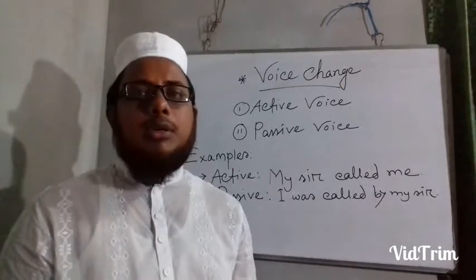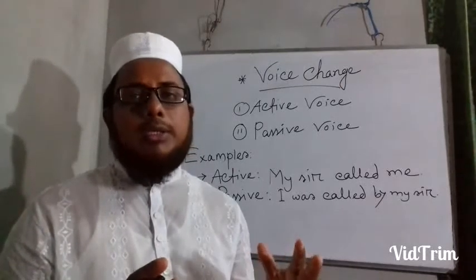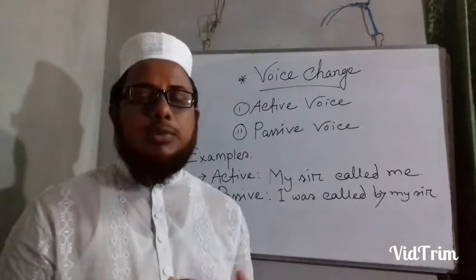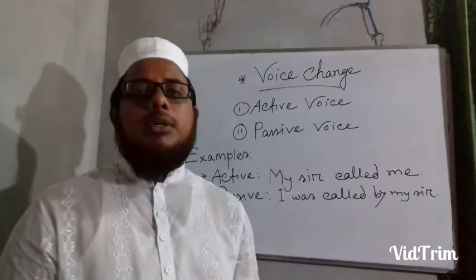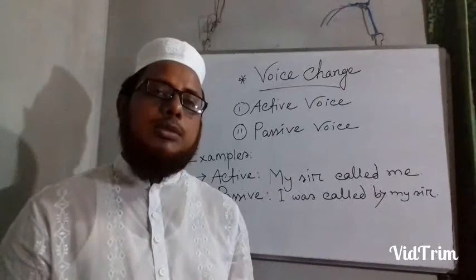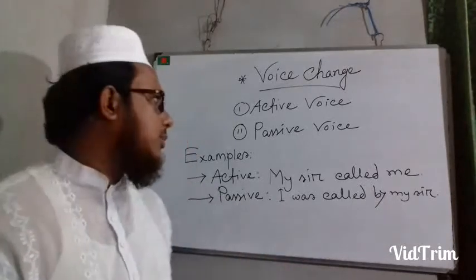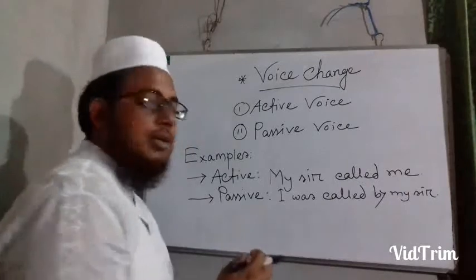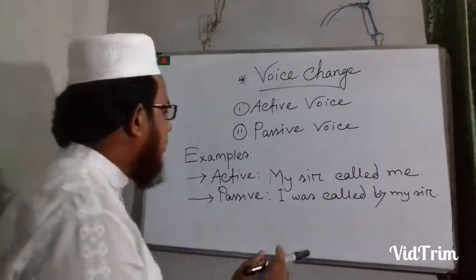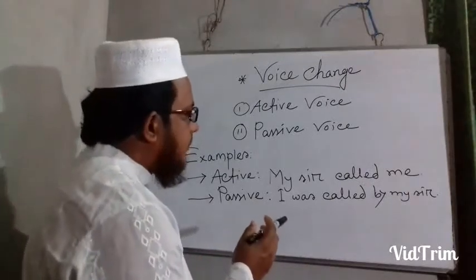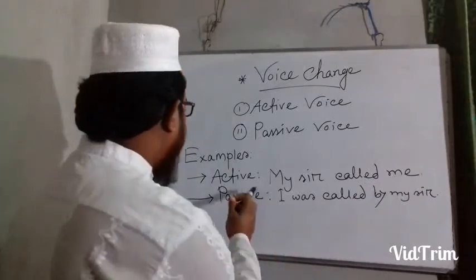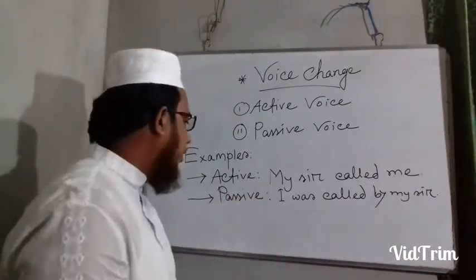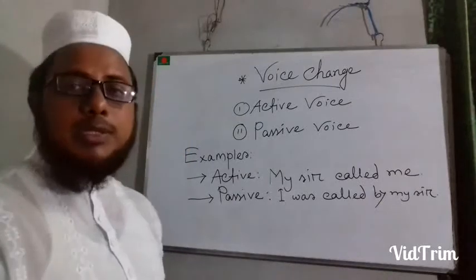That means when the direct object works actively in the sentence, it is called passive voice. Dear learners, look at the whiteboard and see the examples of active and passive voice.